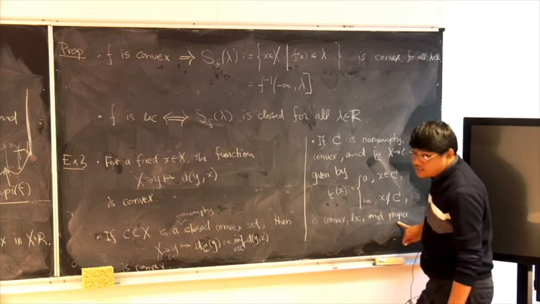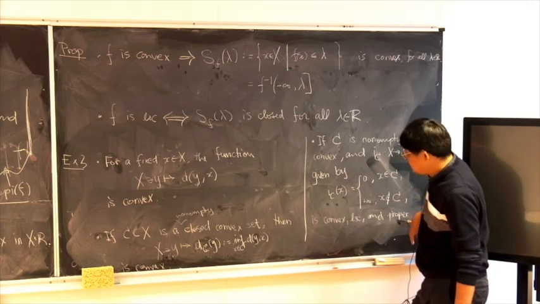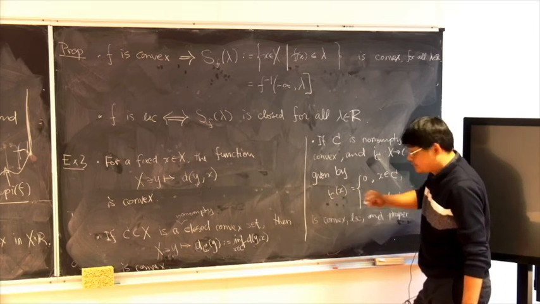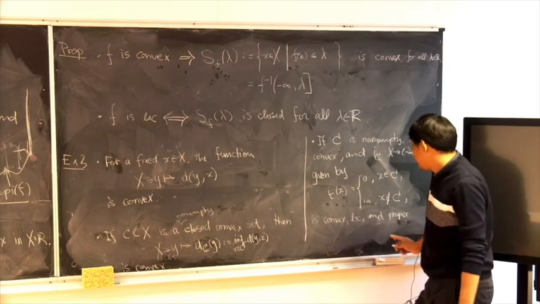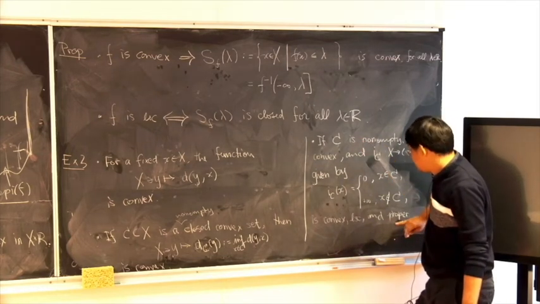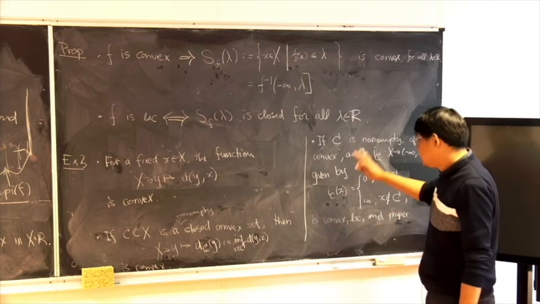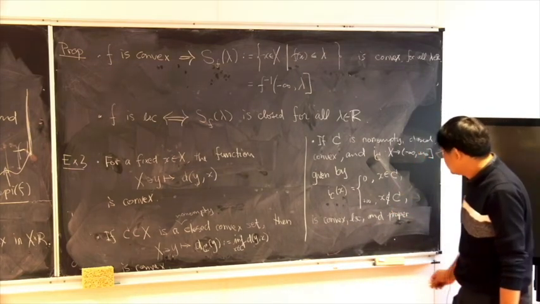If you do not know about properness, properness means there is a point where the function takes a finite value. Okay, it's not everywhere plus infinity. It has to take a finite value somewhere, and that is what we call a proper function. Okay, so these are some examples of convex functions.